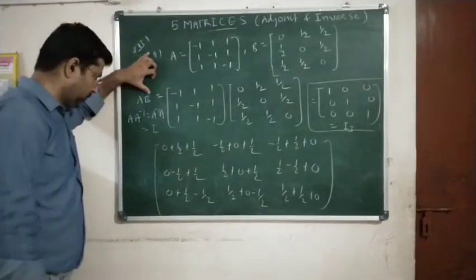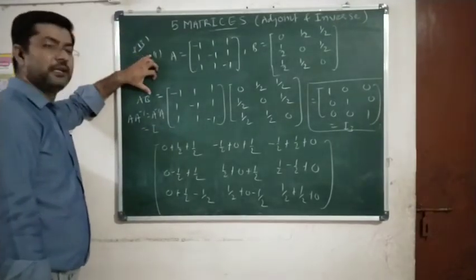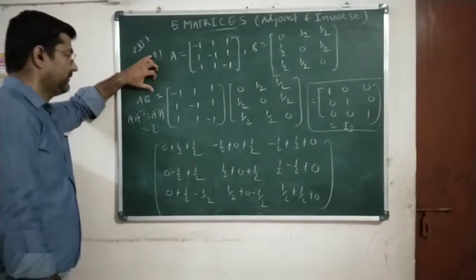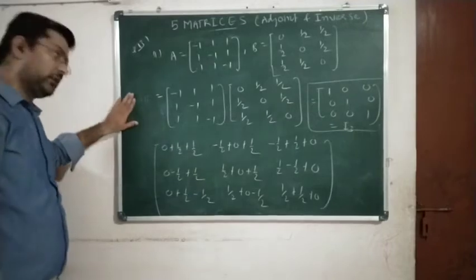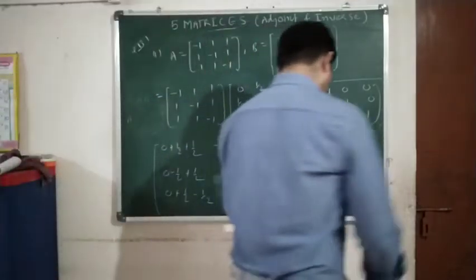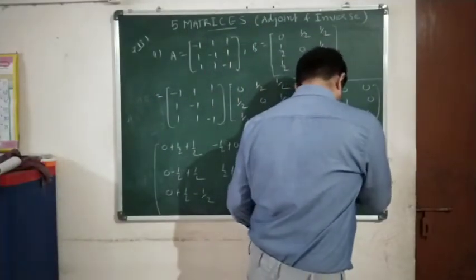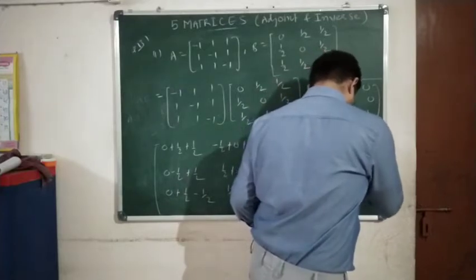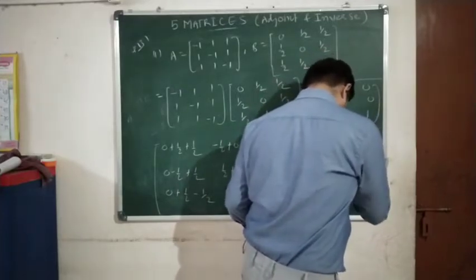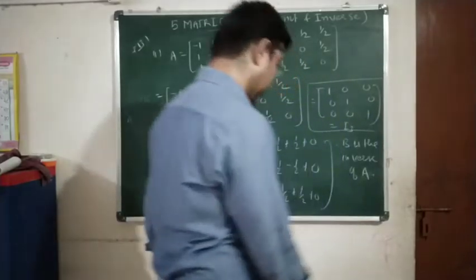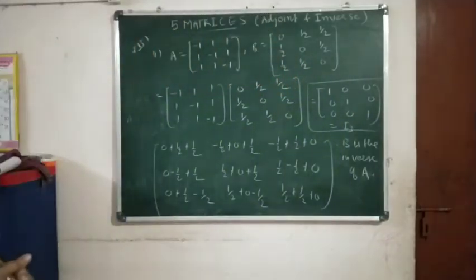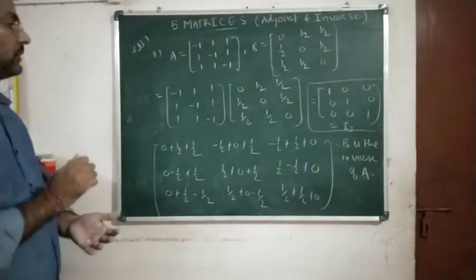So A into B, so B is the inverse of A, we can say, clear? Or A is the inverse of B anyway. Okay, so we'll write down, and therefore B is the inverse of A. So we have solved this.